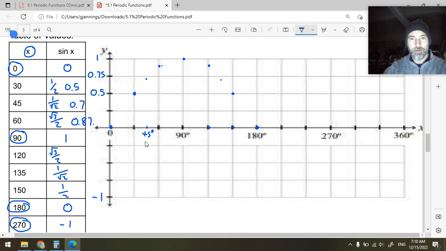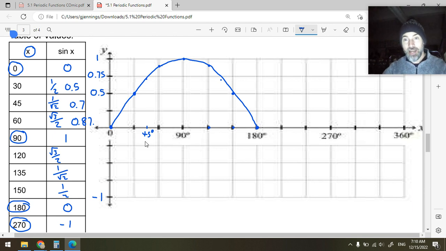So that's 150 over there. Sorry, I said 30, but it's the same as sine 30. All right, now let's do the positive part of sine. And we're going to graph a beautiful curve here. Cool. Okay, there we go.